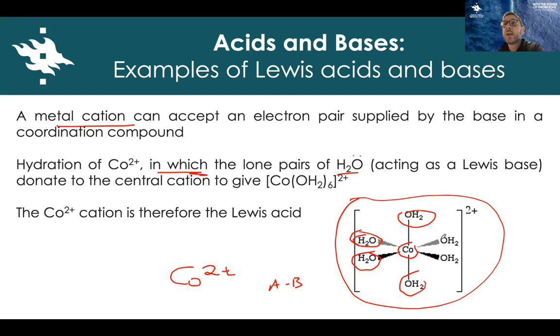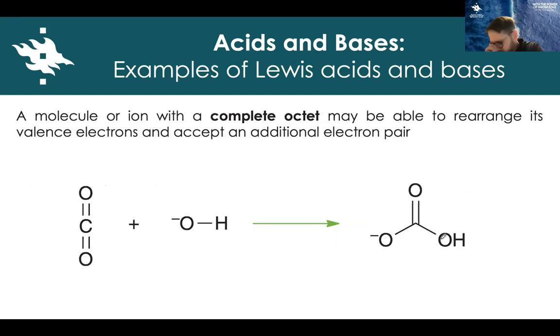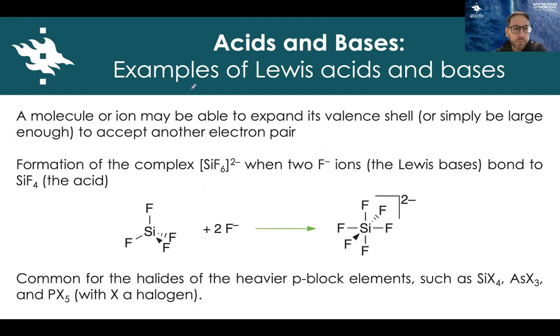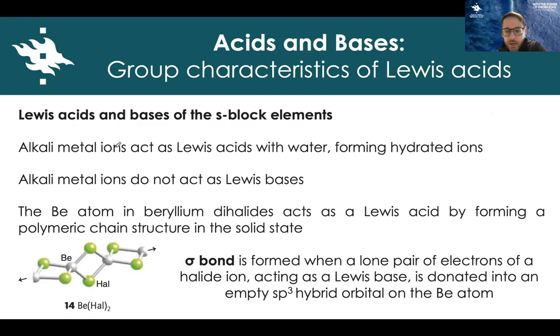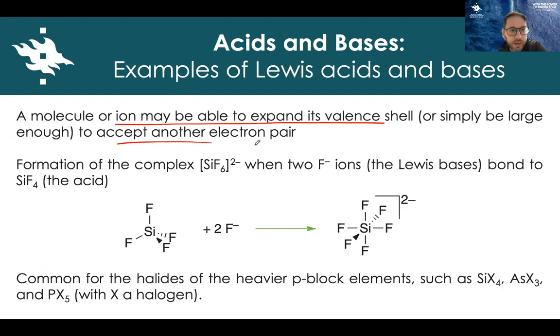Lewis base. And then in addition to forming these acid-base interactions to complete the octet, a molecule or ion with a complete octet also may rearrange itself or its valence electrons to accept an additional electron pair, in which the molecule or the ion may be able to expand its valence shell or be large enough to accept another electron pair.